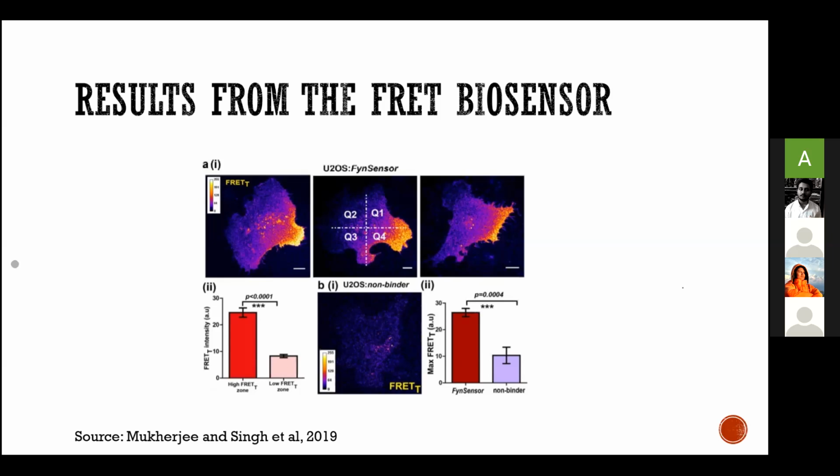The biosensor is basically expressed in E. coli, right? After you isolate the DNA from the E. coli, it takes several days. After that, you take the engineered DNA and inject it inside the cell.